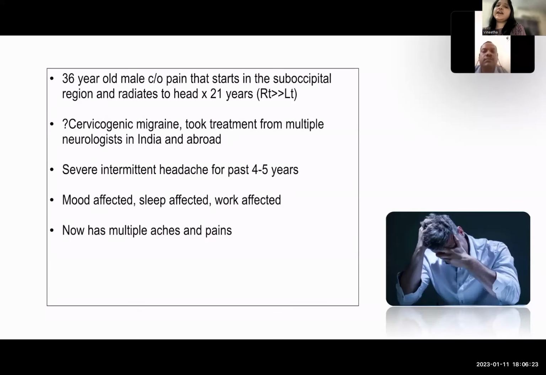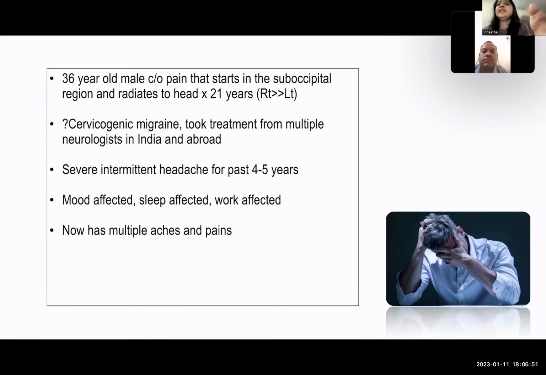I'll first start with this story. This patient came to my OPD around 1 month back. A 36-year-old male patient who complained of pain that starts in the suboccipital region and radiates to the head for the last 21 years. This is not a cancer patient, this is a chronic pain patient. He was diagnosed with migraine at the age of 15 years.